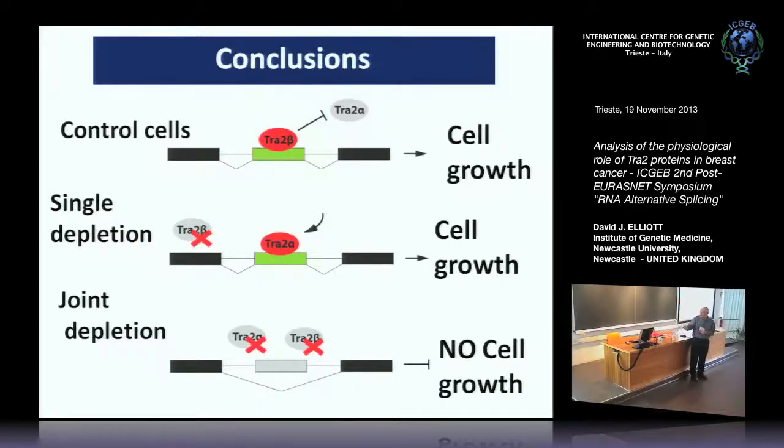If you deplete Tra2 beta by itself, you get upregulation of Tra2 alpha, and that can maintain cell growth. But if you do a joint depletion, then you start losing exons which are important for cell proliferation. And under these circumstances, you lose cell growth.